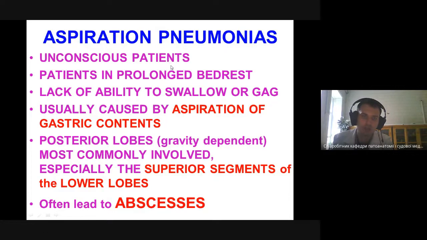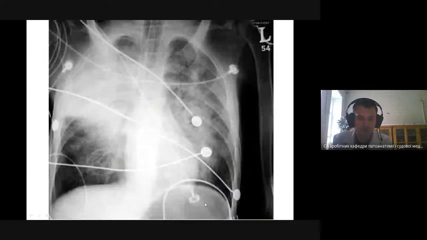Aspiration pneumonia occurs in unconscious patients, especially people who drink a lot, patients in prolonged bed rest, lack of ability to swallow, usually caused by aspiration of gastric contents. Posterior lobes are gravity dependent, most commonly involved, especially the superior segments of the lower lobes, often leading to abscesses.